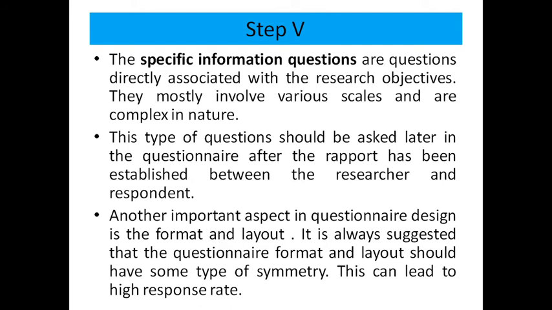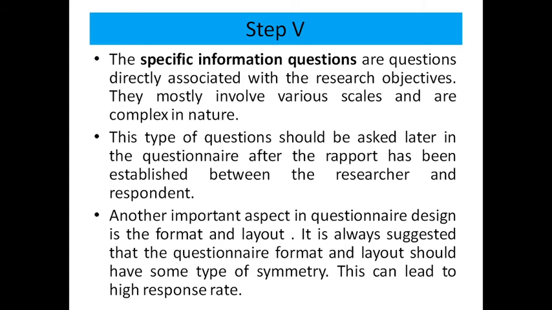Then in the third section of a questionnaire, you should put the specific information questions. The specific information questions are questions directly associated with the research objectives, and they mostly involve various skills and are complex in nature. I have already shown you an example of a skill.